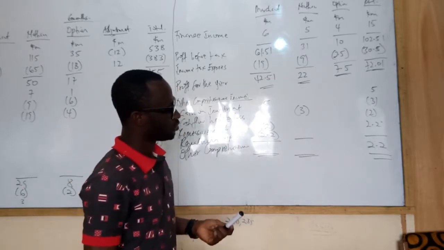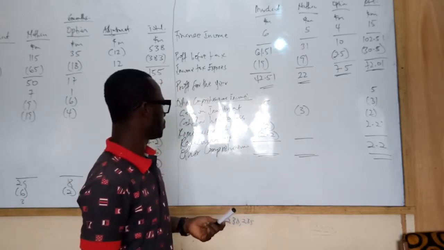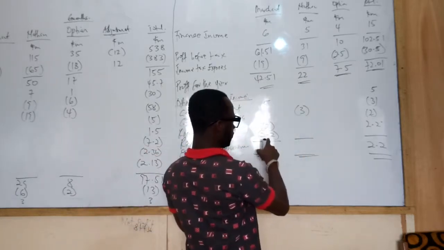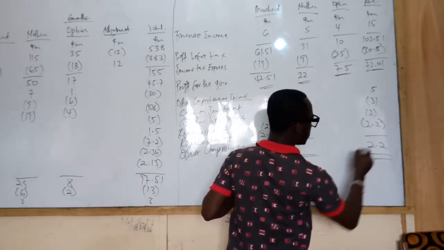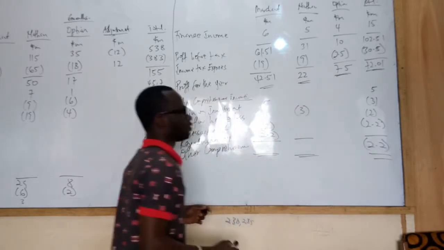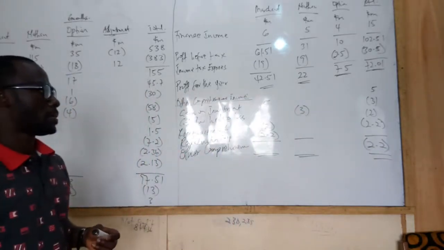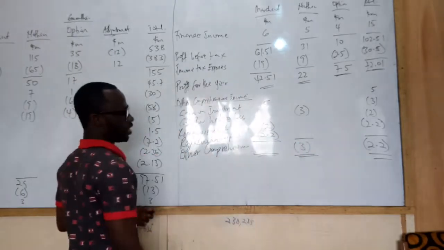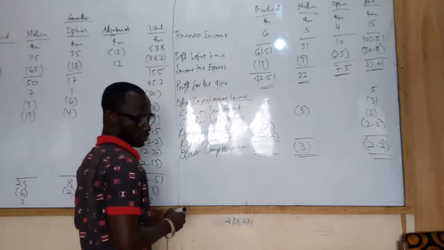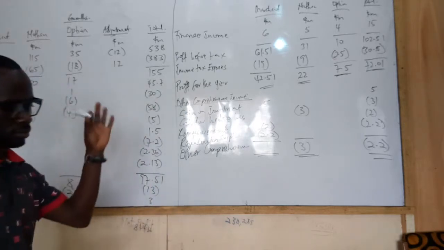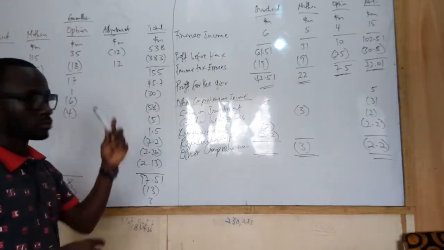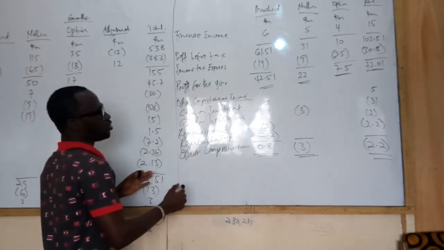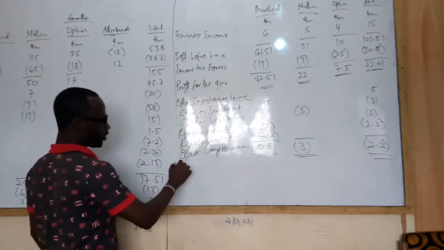Negative or positive? Should be negative. The middle will be 3 here. What is it? 0.8.